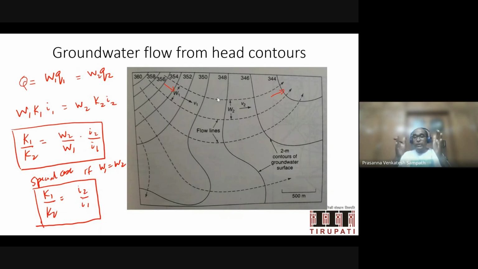So in a region where the hydraulic conductivity is larger, the contours will be spaced farther apart. In a region where the hydraulic conductivity is lower, the contours will be close to each other.